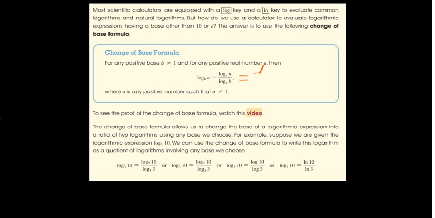The natural log of u over the natural log of b. Okay, and that doesn't even look like a u, does it? It kind of does. Whatever. All right, so that's what we're going to do.